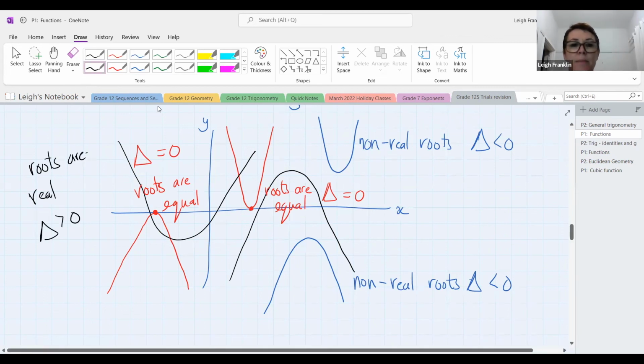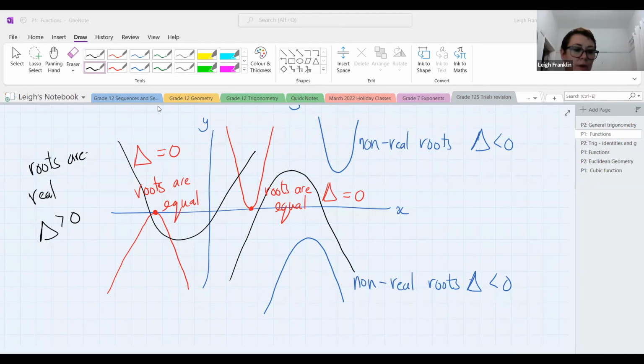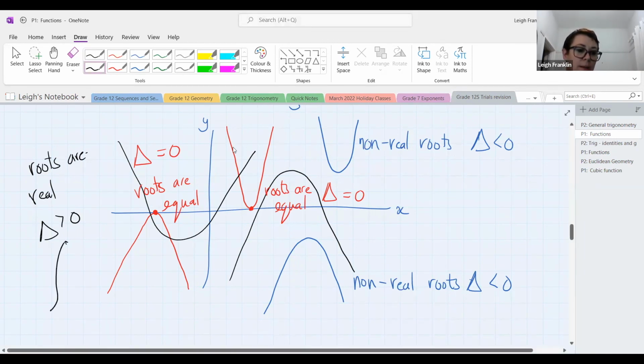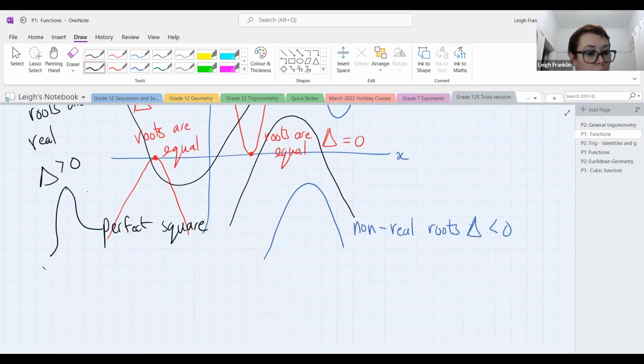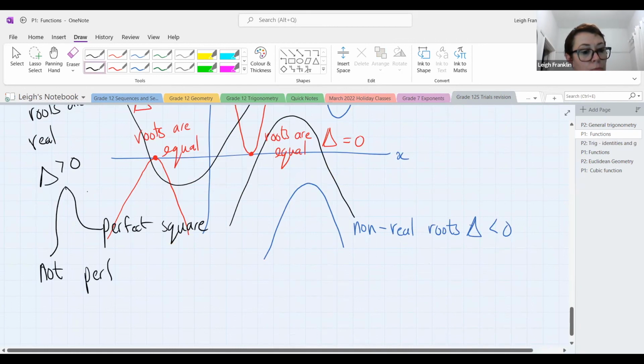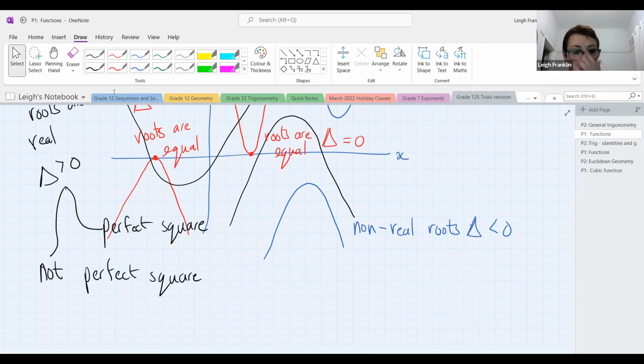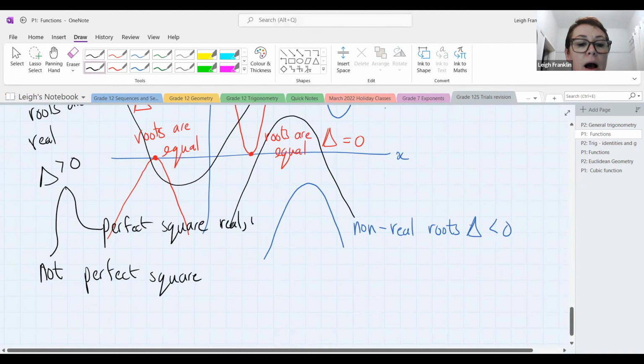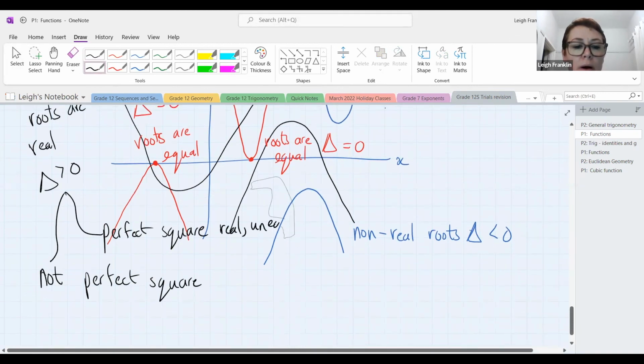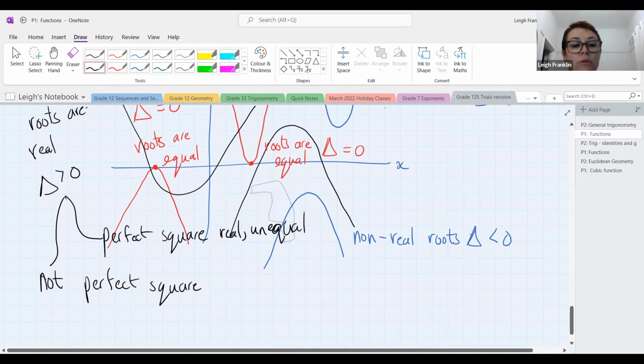But this is where there's a bit of a split or a bit of a division. Because delta, when it's a positive number, can be a perfect square, or it's not a perfect square. So if it is a perfect square, then your roots are going to be real, unequal, and rational.